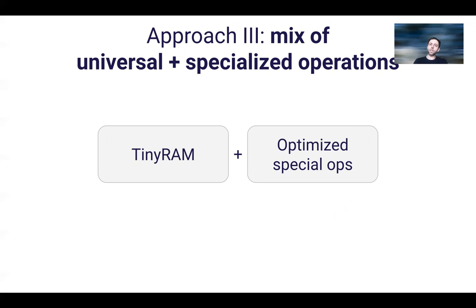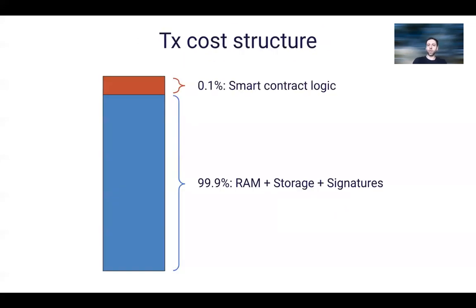And what brought us to this idea is this observation. If you write a smart contract in Zinc, manually handwriting a circuit for it, then the smart contract logic itself would take a very small fraction of the prover cost structure. And the bulk of the prover costs will go towards access to memory, access to storage, signatures, hashes, and other heavy operations.